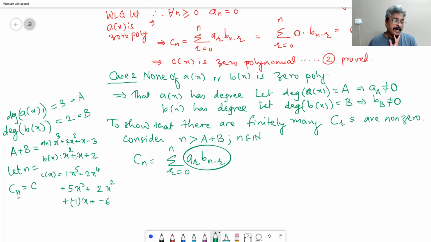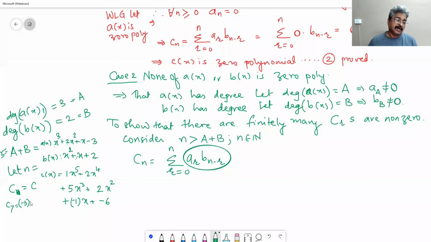Okay, and now, see this is 3 plus 2, 5, A plus B is equal to 5. So let n be 7, say for example. Suppose I want to find out C7, then by this formula I should collect A0, that is minus 3, multiplied by B7 minus 0, which is B7.